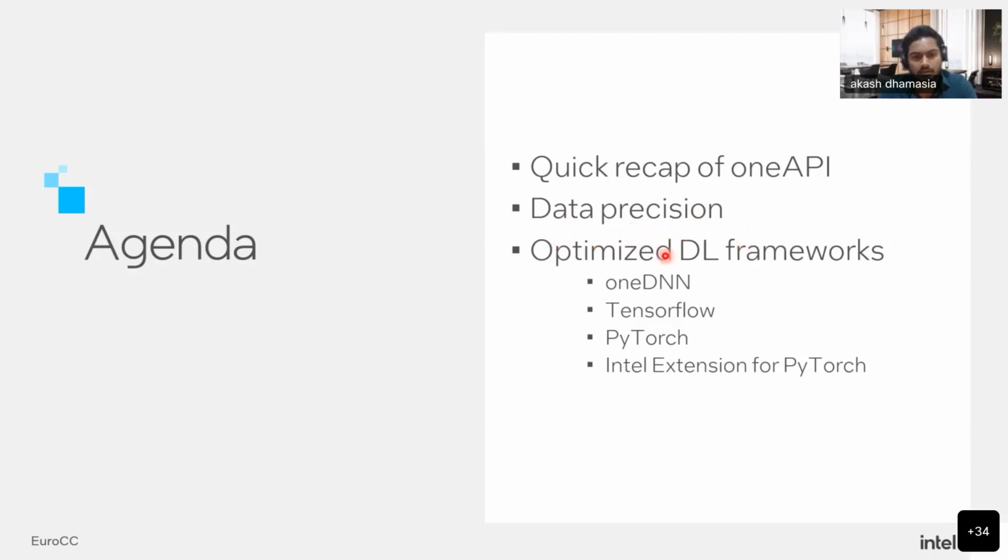Then I will tell you about oneDNN, a backend library which Intel offers to optimize frameworks like TensorFlow and PyTorch. I'm going to talk about these things after that.